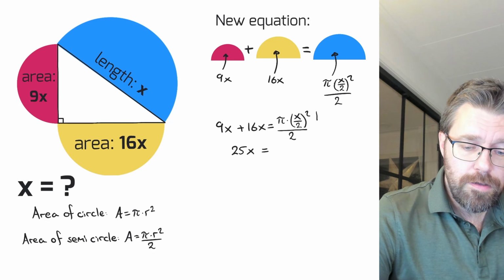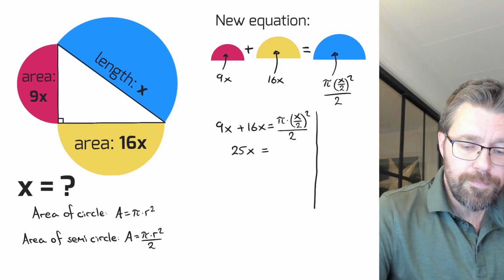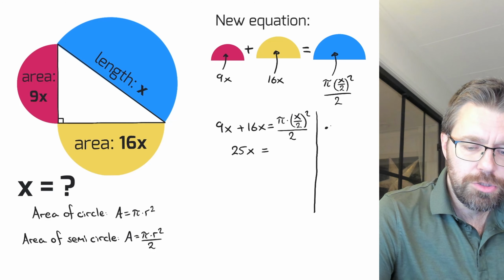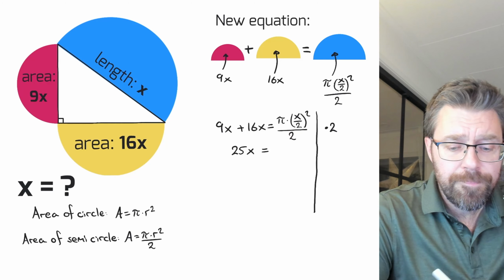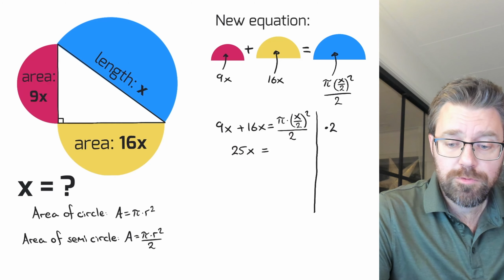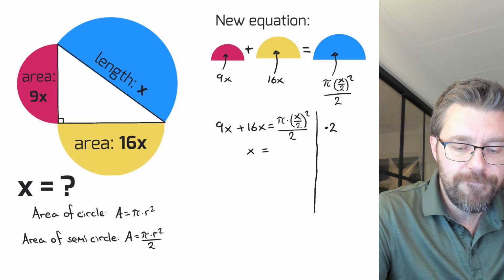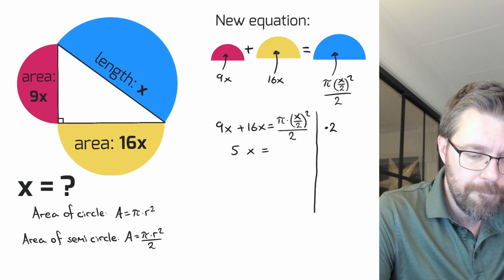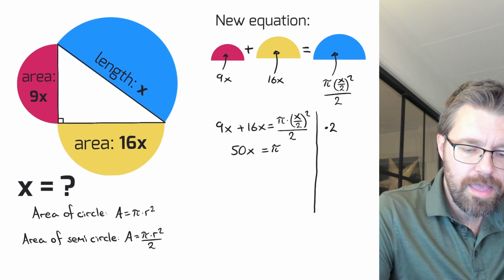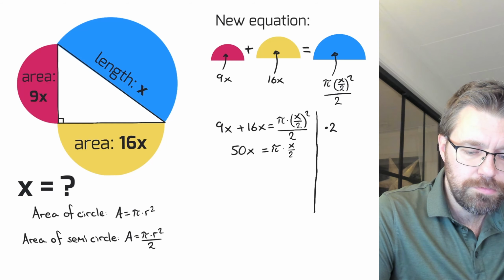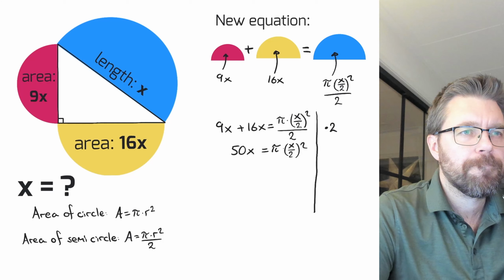But I want to multiply both sides by 2, so this little 2 goes away. And then we don't have 25 anymore, we have 50 on the left side. And on the right we have pi times x divided by 2, squared.